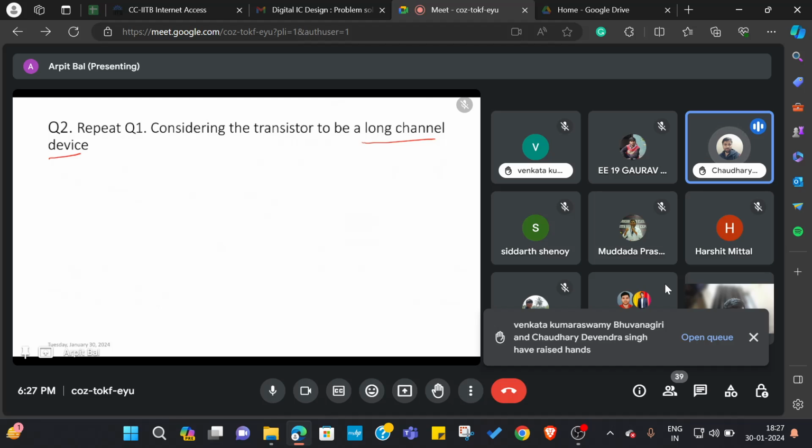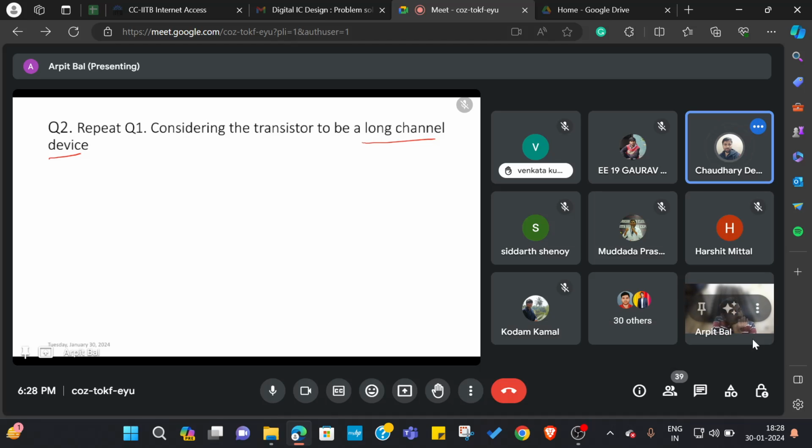Sir, my doubt: Akash told that 5/2 ratio is L equal to 2 lambda, in which we can apply the short channel condition, or 500/200 is a long channel, I think. Okay, sir.